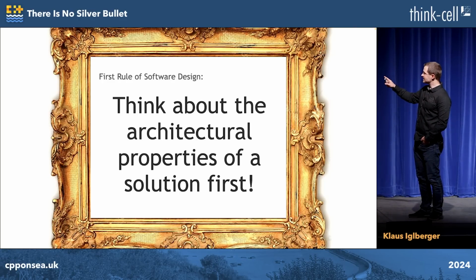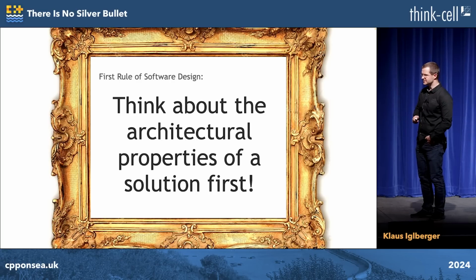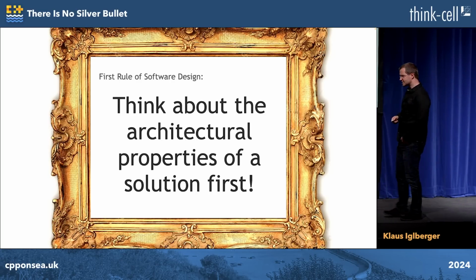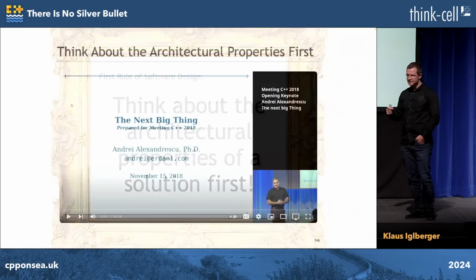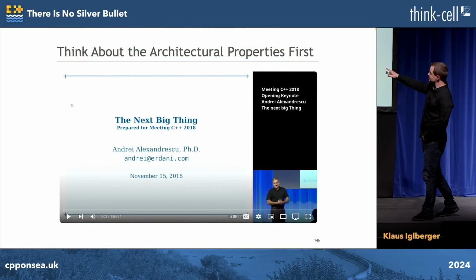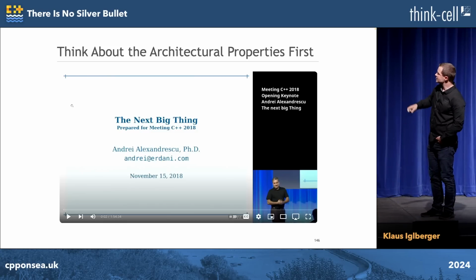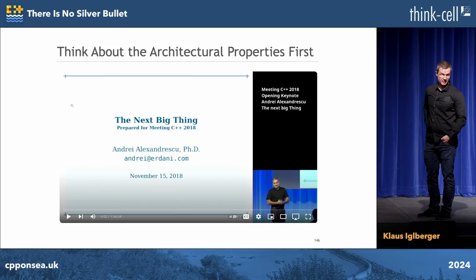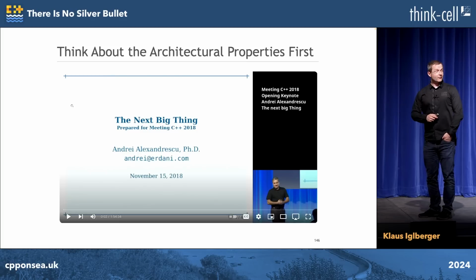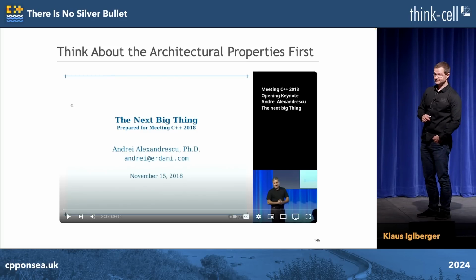Now, I might say that because I anticipate that perhaps in a year, perhaps in two years, we'll have a lot of talks that tell us to do everything in one particular thing. This is a keynote talk from Andrei Alexandrescu, who at Meeting C++ in 2018 talked about the next big thing, which he said is, of course, reflection.